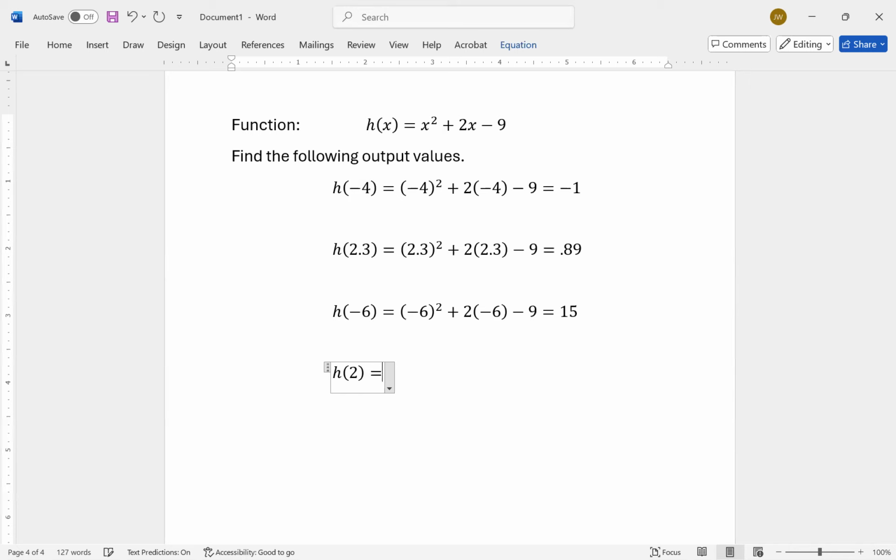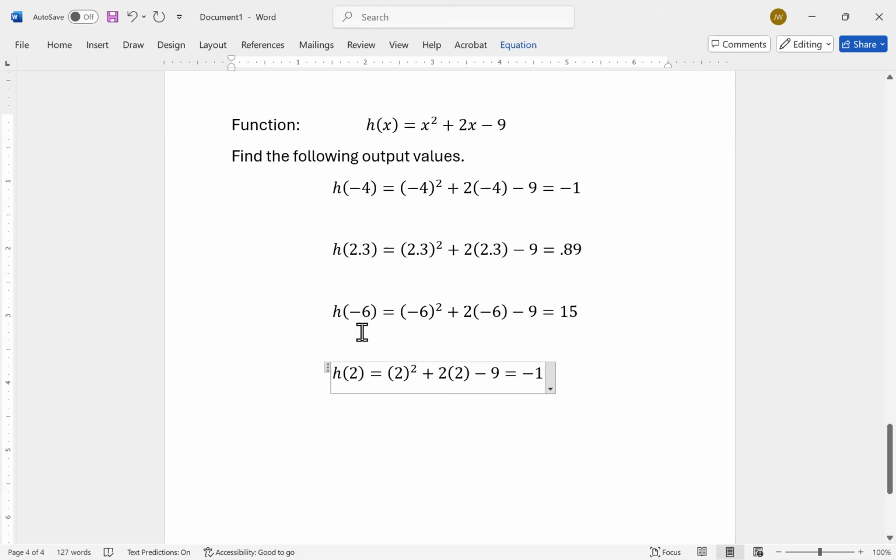When we input a 2, we get 2 squared plus 2 times 2 minus 9, and that becomes a negative 1.